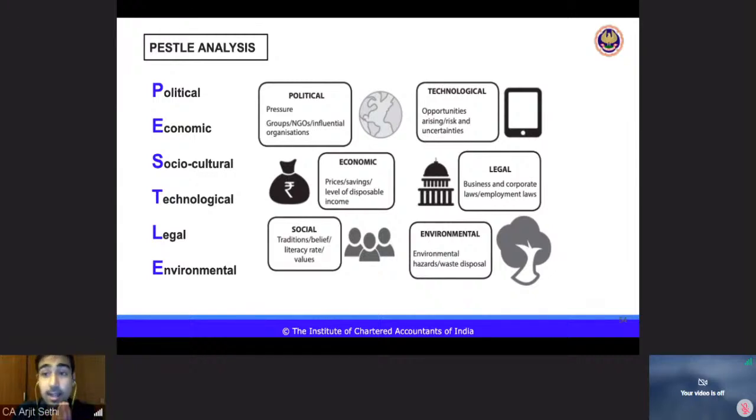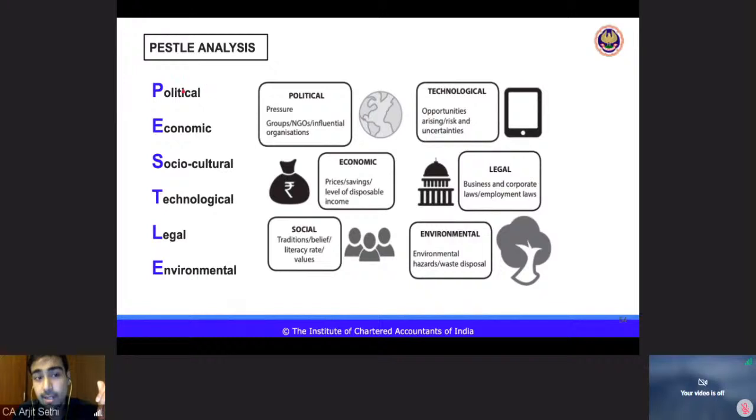Last time, in the first session of chapter 2, we studied SWOT analysis, but this is PESTLE analysis. It is talking about the political pressure groups, the technological, which we just discussed. We discussed each of these components in detail, right? But what does PESTLE analysis do?